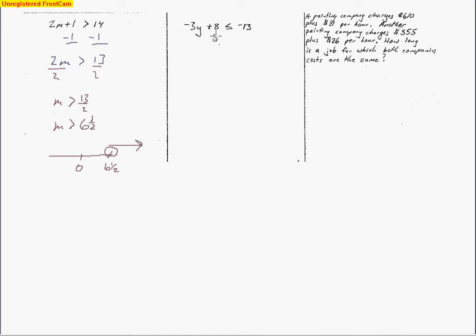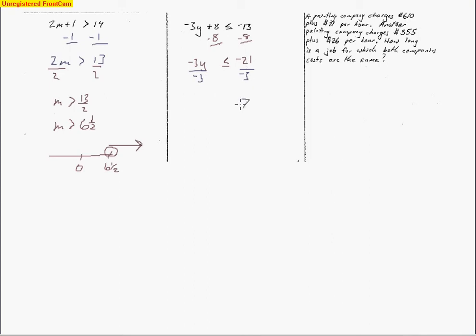This next one, I subtract the 8 from all sides. I'm left with this negative 3y is less than or equal to negative 21. So from that point, I'm going to divide by that negative 3. Now notice that since I'm dividing by a negative, it's going to switch the inequality. See, it was less than or equal to, but when you divide by a negative, the sign is going to switch.